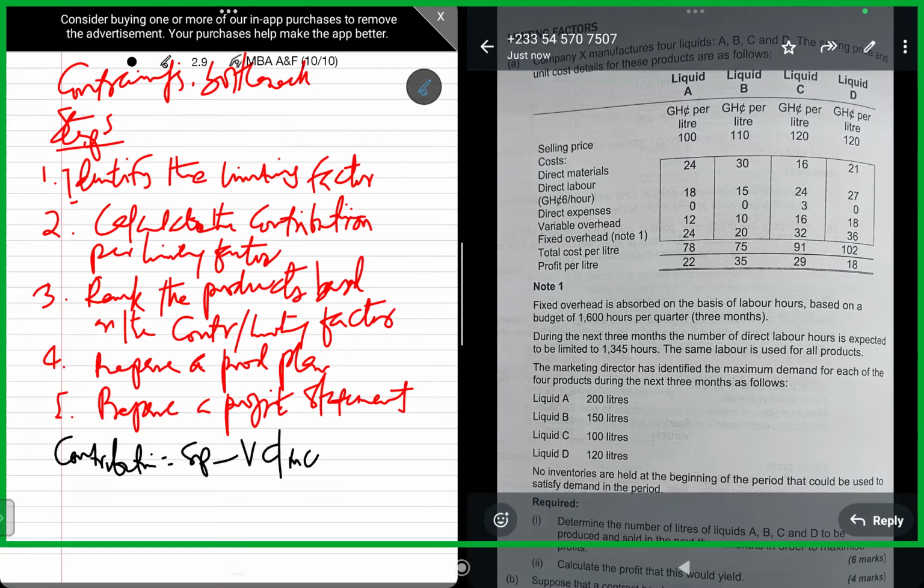So we have to compute the selling price minus the variable cost. Then we rank the products based on the contribution per limiting factor. Yesterday, we were talking about variable cost per unit and what it means. So today we are going to meet the contribution per limiting factor. Then we prepare a production plan, and we prepare a profit statement.